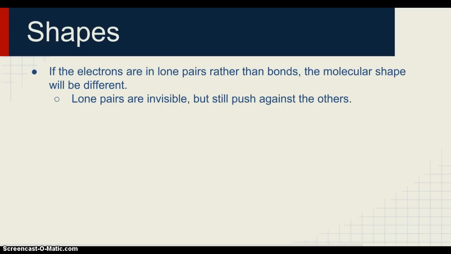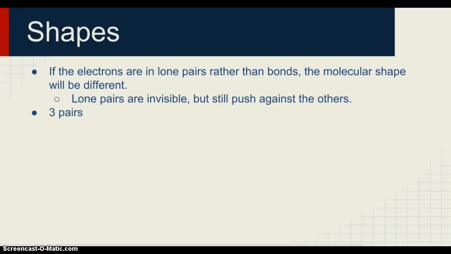Because these lone pairs, you won't be able to see them. They're just electrons. It's not another atom. But they're going to push against everything else, and that's going to influence things. Not only that, but these lone pairs will push against them stronger than the electrons in a bond will. So that's going to change the angles as well. We'll take a look at that in class tomorrow.